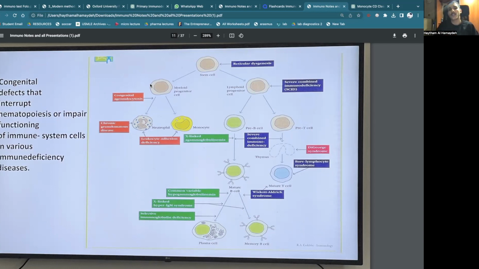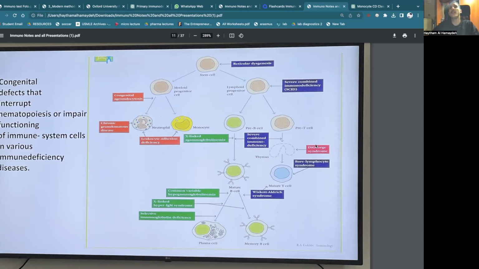One more thing that can affect the pre-B cell from producing mature B cells is X-linked agammaglobulinemia. And pre-T cell, going to mature in the thymus, can be exposed to a deficiency in its development, and the disease that causes that is called DiGeorge, right here.